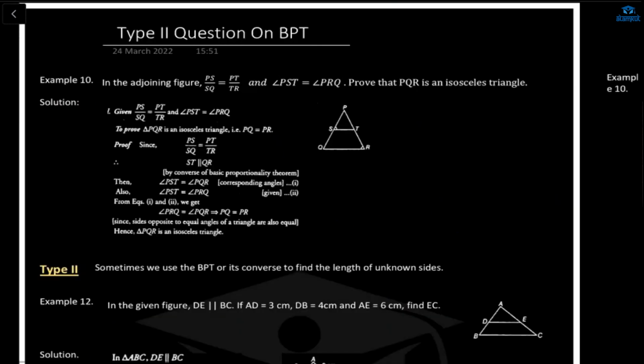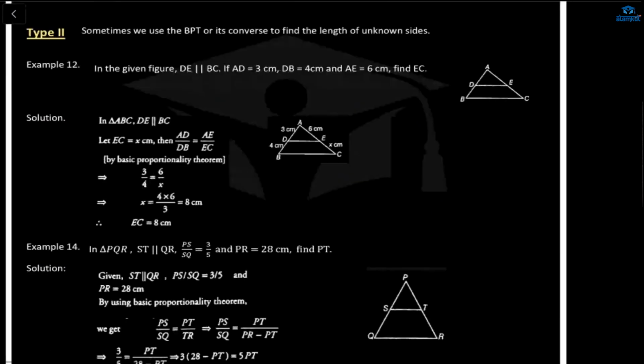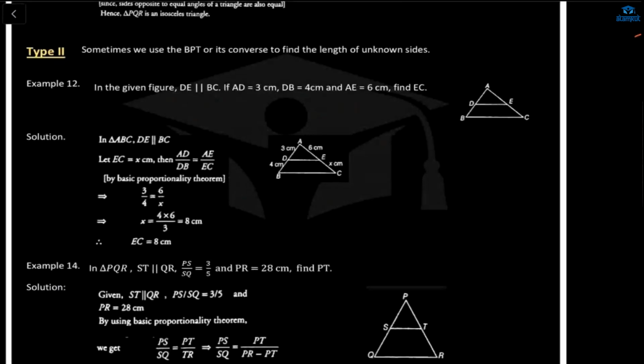So let's see type 2 question. Type 2 questions are based on the BPT theorem or the converse theorem. That means you have to find out a given value. How can you find out a given value? In this question, in the given figure, DE is parallel to BC. That means AD by DB will be equal to AE by EC, from the converse of the basic proportionality theorem.